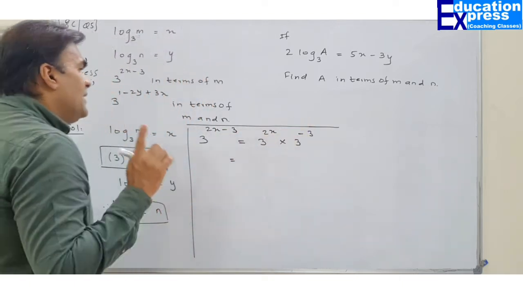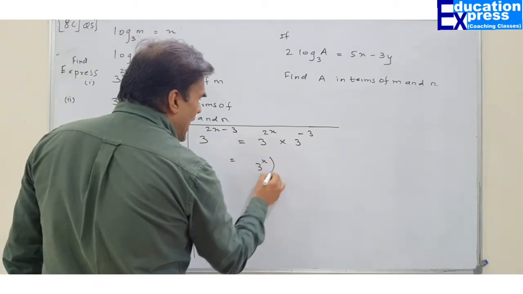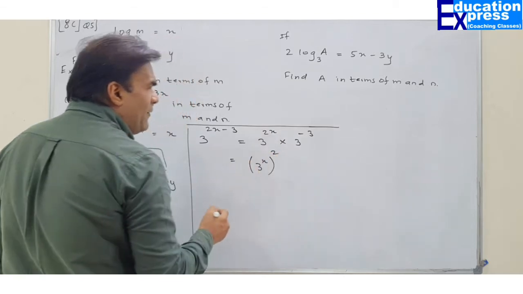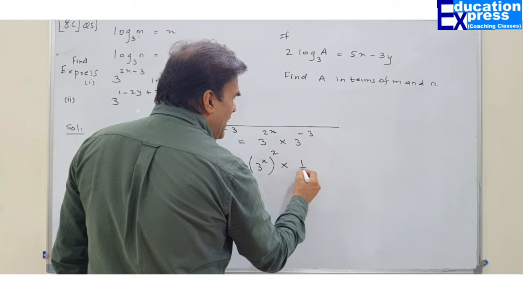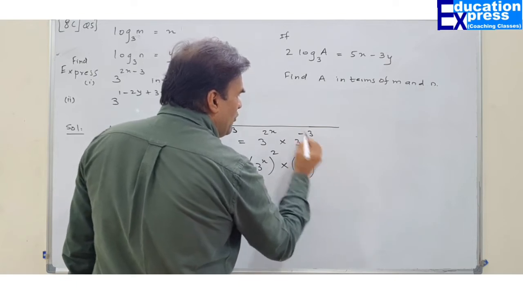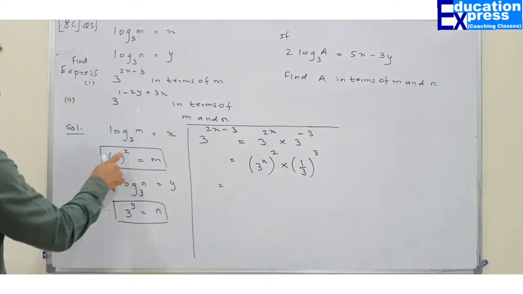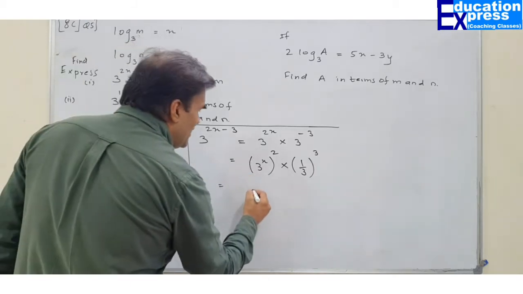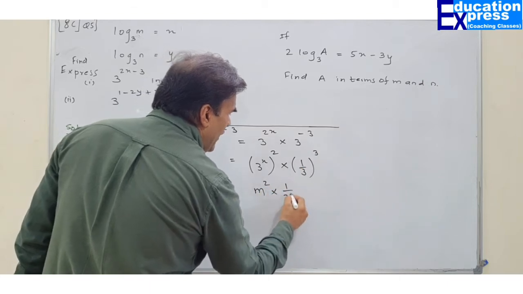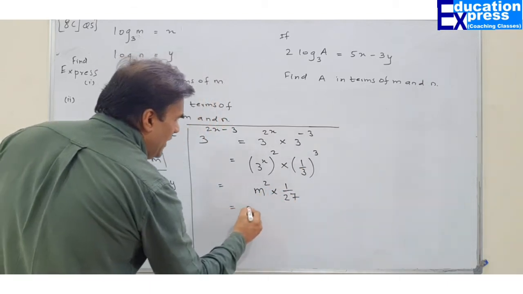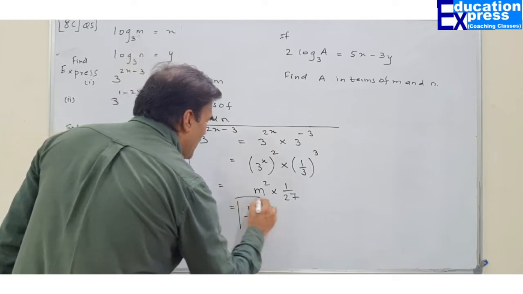Wonderful. Since we have the value of 3 raised to x, so 3 raised to x whole square, multiplied by, this can be converted into positive power by reciprocating it. That would be cube. So what can be substituted for 3 raised to x? Sir, m. So this is going to be m square multiplied by 1 upon 27. That would mean m square upon 27.